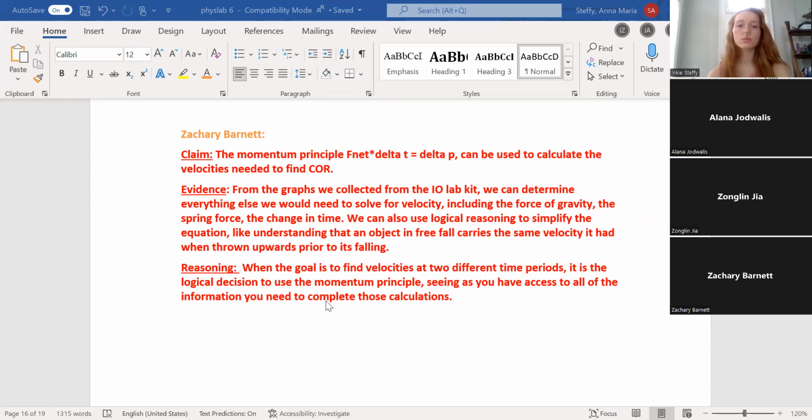You can determine mass and the time from the initial to final values, and then plug that into the momentum equation and solve for the velocity component of momentum.